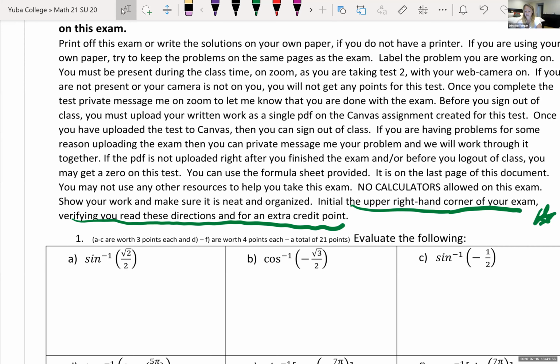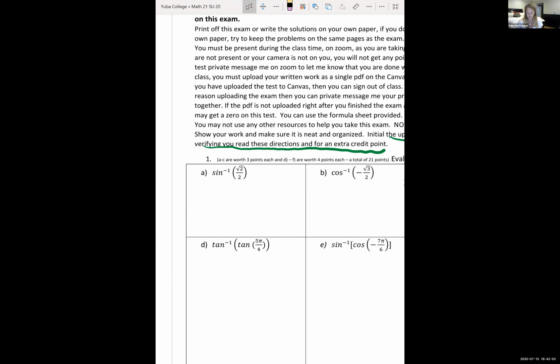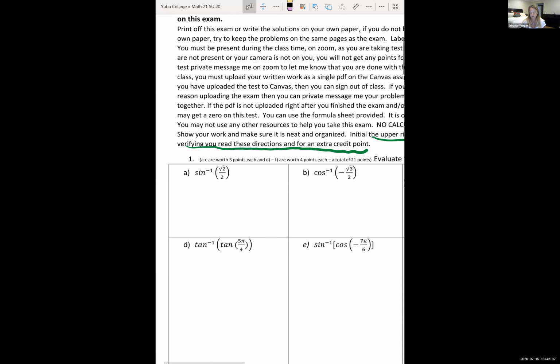I'm going to rotate it. So the following A through C are worth 3 points each. Sine inverse of root 2/2. I notice that this is positive, that my range for a sine inverse has to be between negative pi halves and pi halves.